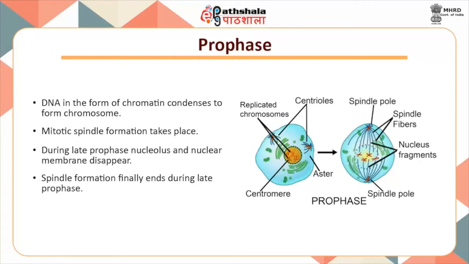As the centrioles migrate, the nuclear envelope begins to break down and gradually disappears. In a similar fashion, the nucleolus disintegrates within the nucleus. While these events are taking place, the diffuse chromatin fibers have begun to condense until distinct thread-like structures, the chromosomes, become visible.